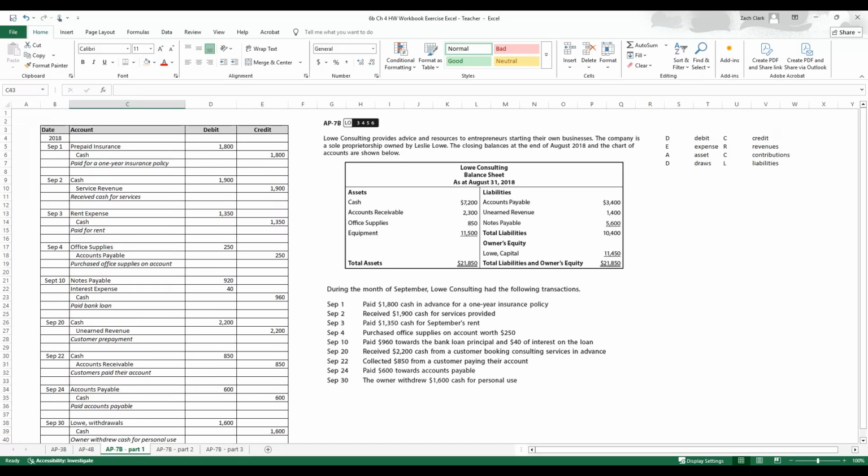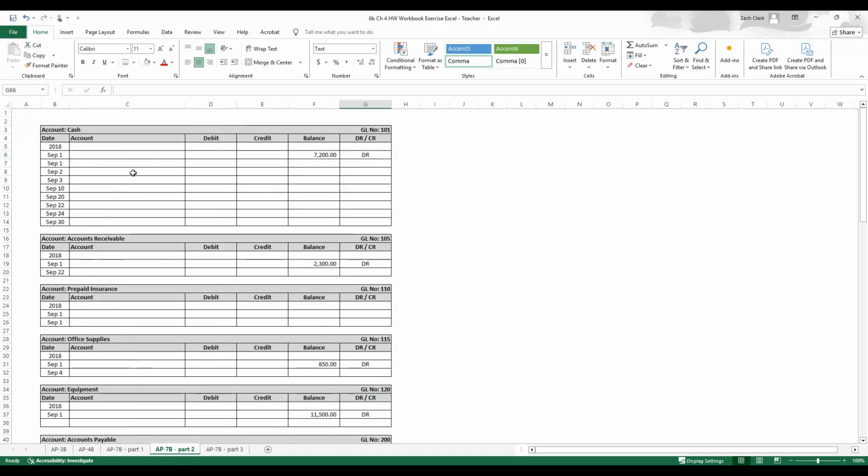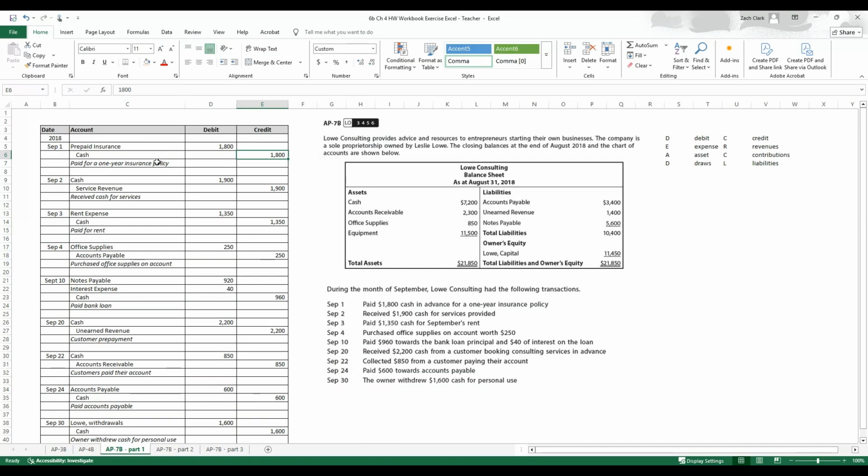Okay, so let's just go entry by entry, journal entry by journal entry. So the first one is an increase on September 1st to prepaid insurance and a decrease to cash. So let's start with cash just because we're right here. So one easy way to kind of do this is to go to your ledger, and we want to put this cash, so you can see it was a credit to cash on September 1st.